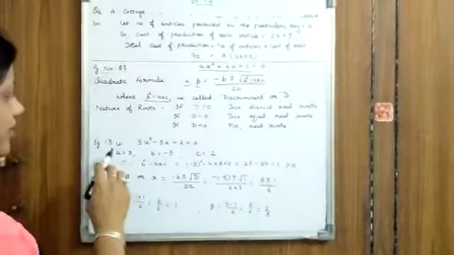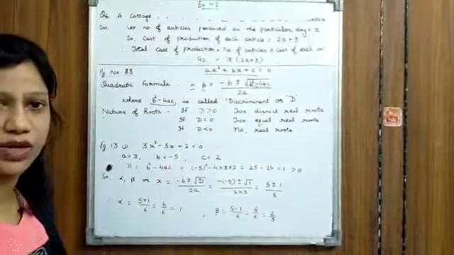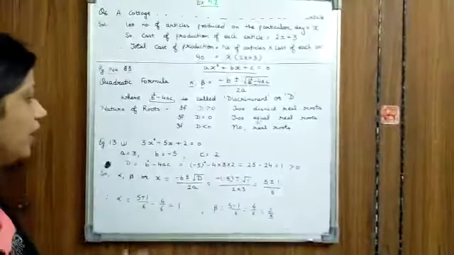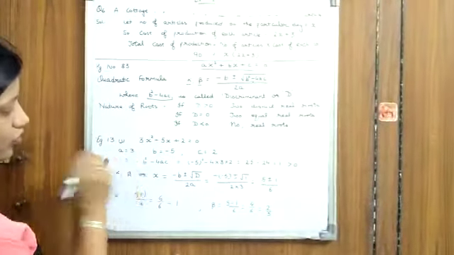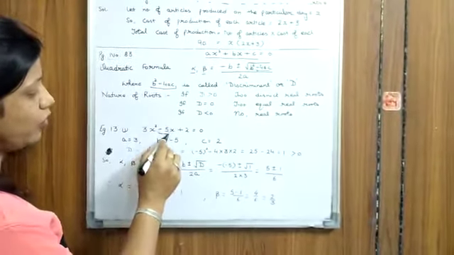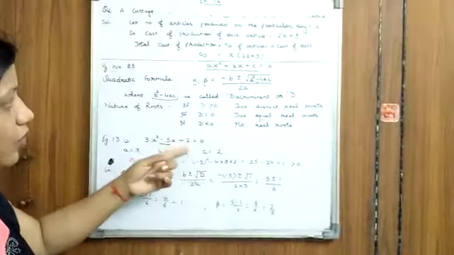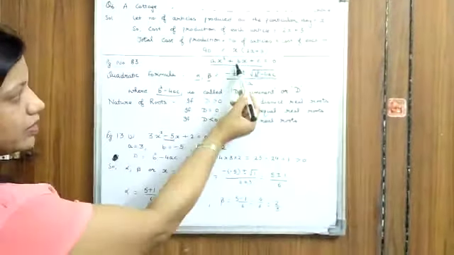Let's discuss one example related to this. The equation given to you is 3x square minus 5x plus 2. Here we can see a is 3, b is minus 5, as I have explained earlier also. We are always comparing a, b and c with the plus sign.